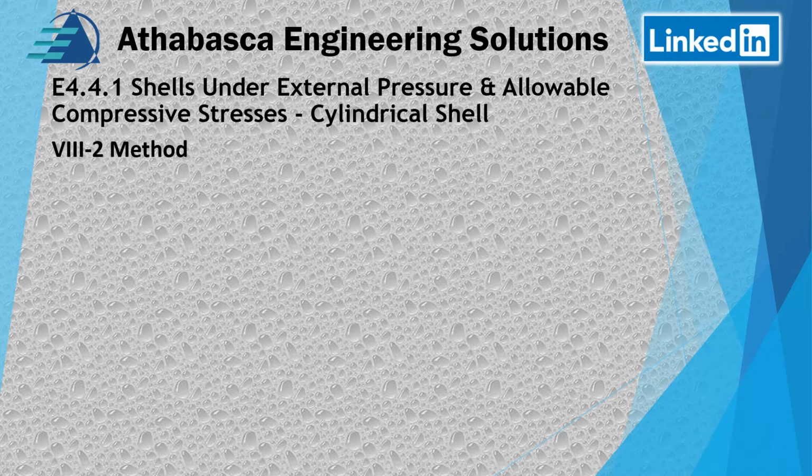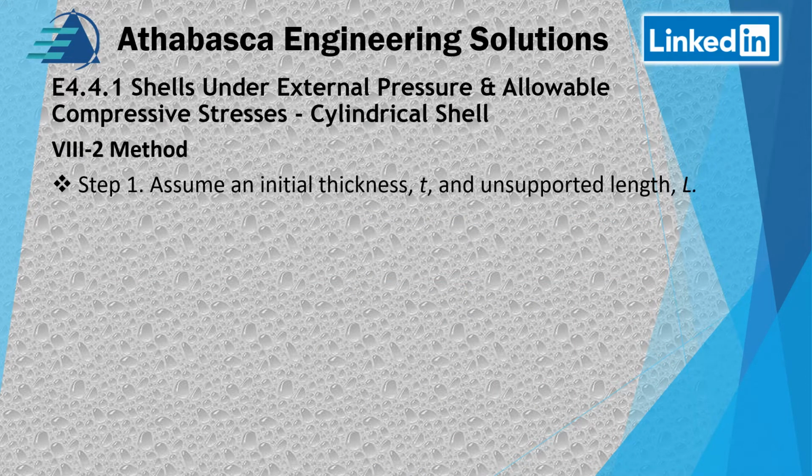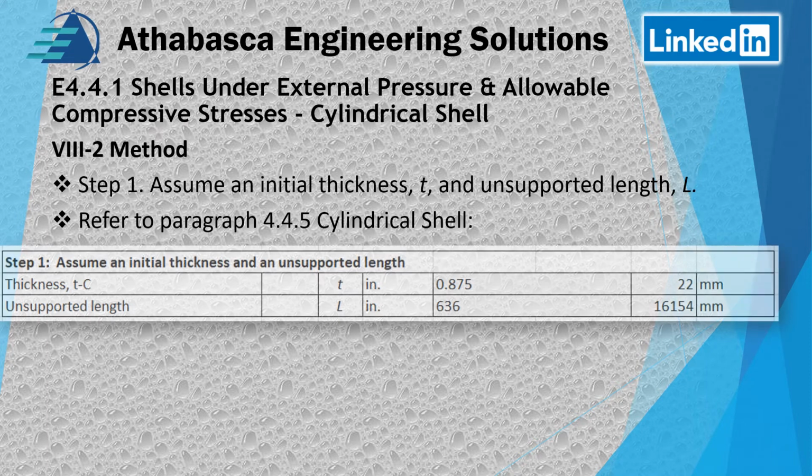So we're going to take a look at step 1. Assume the thickness T and the unsupported length L. In this particular example, you notice that L shows up with Division 2, and that's important because it allows us to more accurately do the calculation. So we're going to refer to part 4.4.5, cylindrical shell.